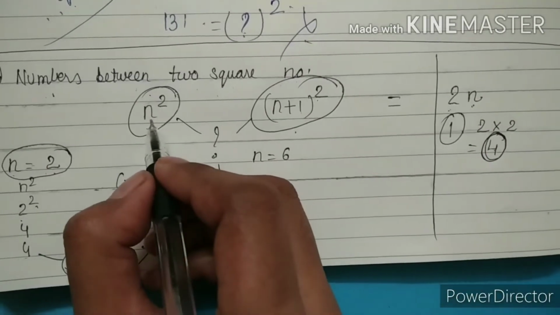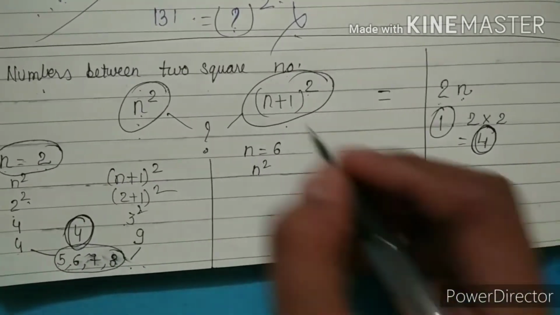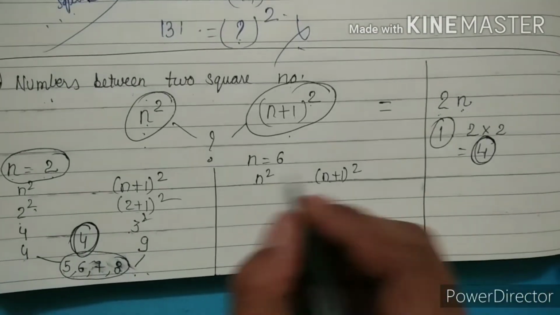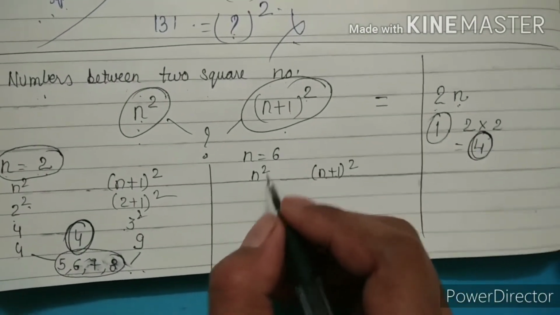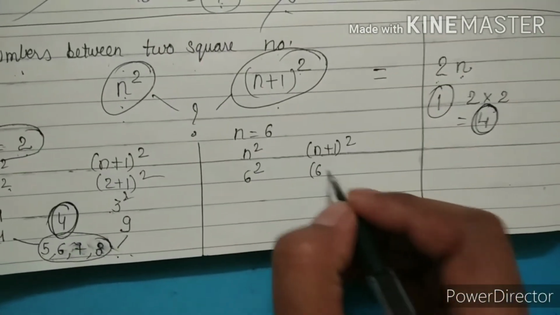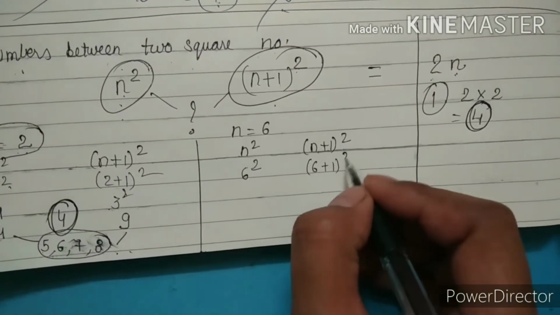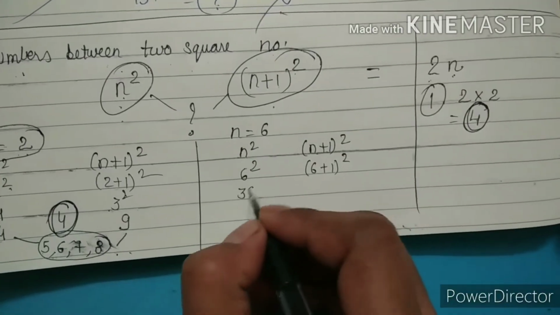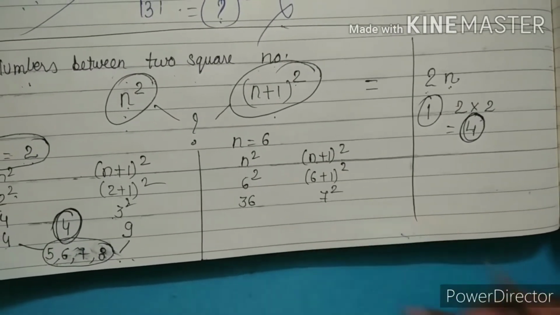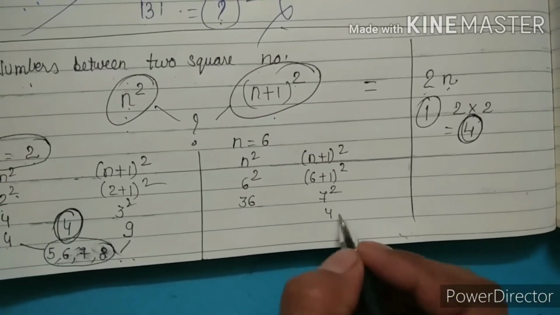Now the second example: if we take n equal to 6. The first number is n square and the next number is n plus 1 square. Putting 6 in place of n, we get 6 square, which is 36, and 6 plus 1 square, which is 7 square, which is 49.